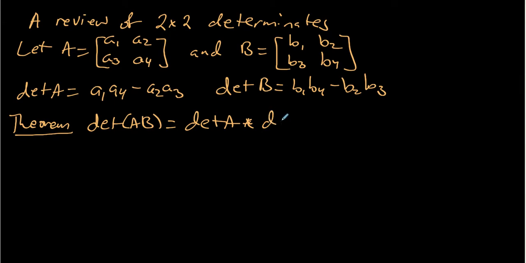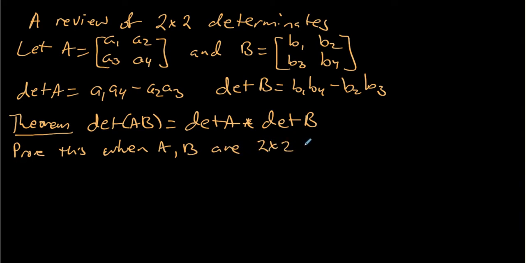Now, this is true for all n by n matrices, but what I want to do is prove this for the special case that A and B are both 2 by 2 matrices. And the reason why is that if you're trying to prove this in the general case, you need to have a much more general definition of the determinant, and the computations get a lot worse.